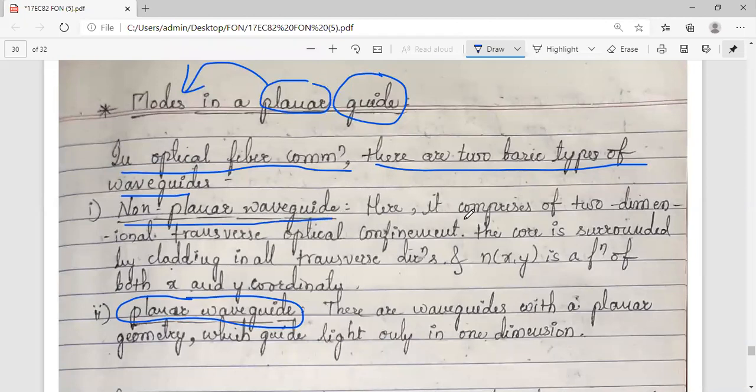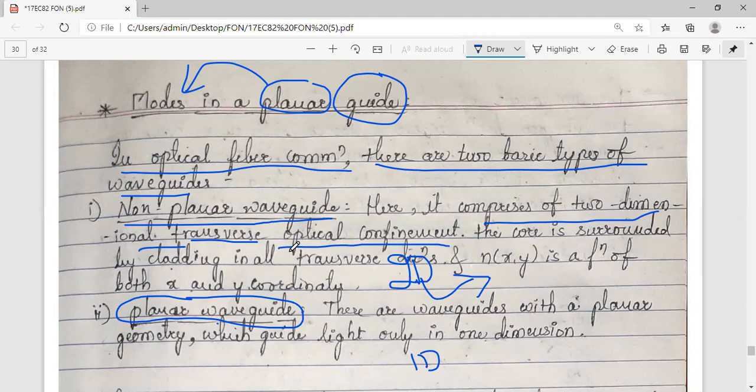In a non-planar waveguide, we talk in two dimensions. However, in a planar waveguide, we talk in one dimension, in the sense that the variables are two. For the wave inside the optical fiber of a non-planar waveguide, we talk here about the transverse nature of the waves.